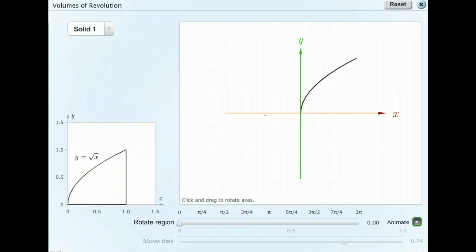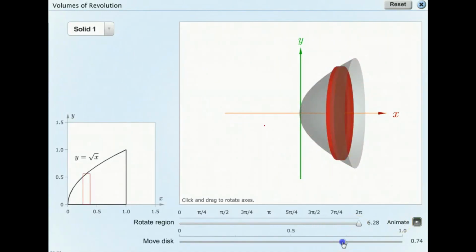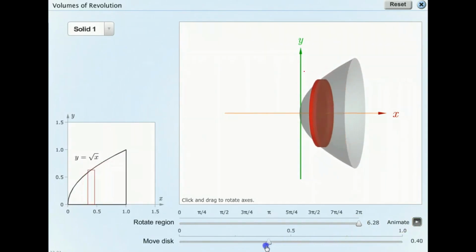Okay, so another one. Let's see if it will play. So notice that this is the area being generated and this is the disk that we're going to utilize. Notice again that the disk is consistent all throughout your volume.